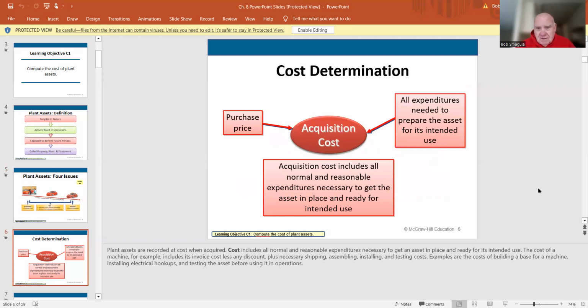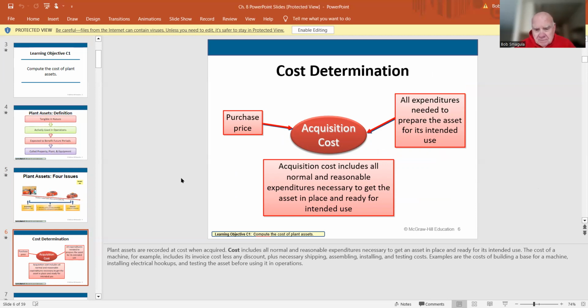Cost determination. Like I said, acquisition cost is not just the purchase price. It takes into consideration all normal and reasonable expenditures necessary to get the asset in place and ready for intended use.